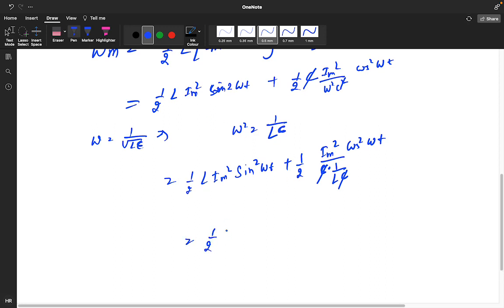Half L Im square you will get common, and sine square omega t plus cos square omega t will be 1.